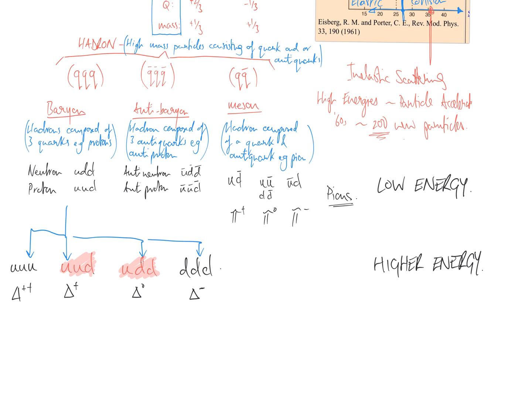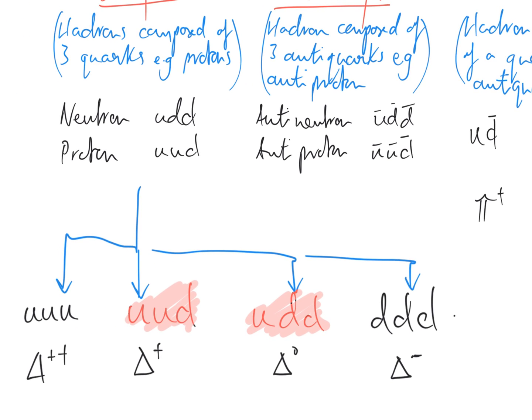And to give you a sense of why they're high energy, if you can remember that the proton was something like, let me remind myself, 938 MeV per c squared was the mass.